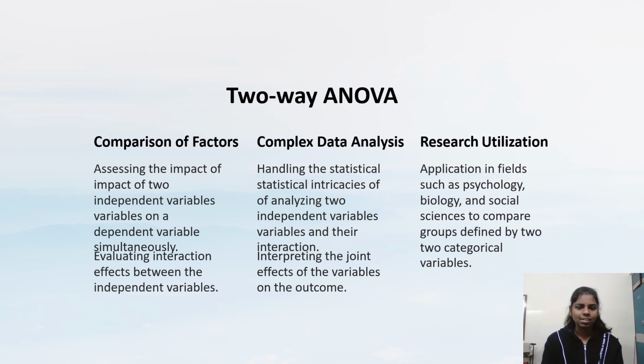Complex data analysis: handling the statistical intricacies of analysis of two independent variables and their interaction, interpreting the joint effect of the variables on the outcome. Research utilization: applications in fields such as psychology, biology, and social sciences to compare groups defined by two categorical variables.